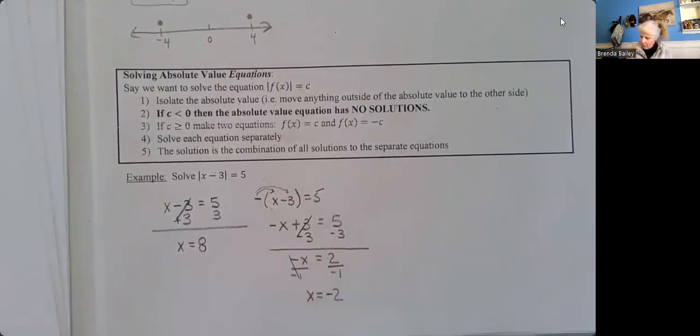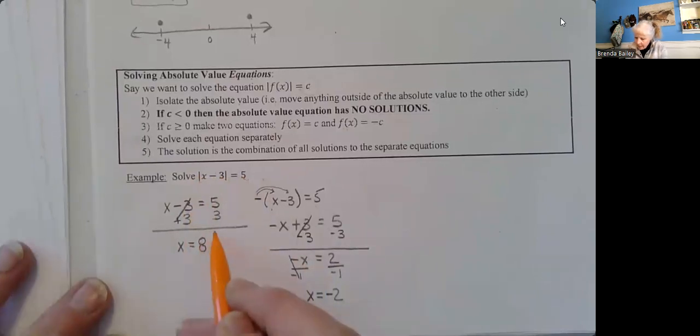I would check it. If you were to put 8 in for X, 8 minus 3 is a +5. The absolute value of a +5 is 5. Put in a -2. A -2 minus 3 is a -5. The absolute value is a +5. All righty.